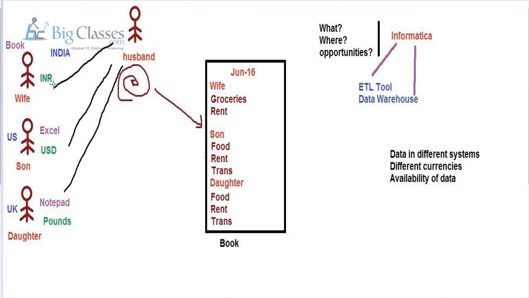So now, if you look into this, whatever he is doing is an activity that he needs to perform every month. But being the head of the family and having his own job or business, he is very busy. So he cannot spend this much time every month on an activity that needs to be done redundantly, like getting the data from family members, converting the data as per his convenience, and writing it down into a book.